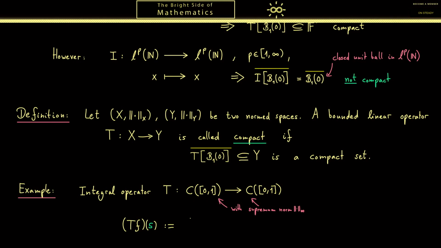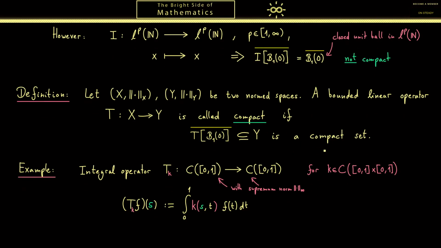Now the number that comes out here should be given by an integral from 0 to 1, where we have the function f involved, but also a fixed function k. And this function should get the variable s and also the integration variable t. So we have a function with two variables, and for us it should also be a continuous function. So we have k from C of the unit interval times the unit interval. Now since the function k goes into the definition of T, I put it into the index here.